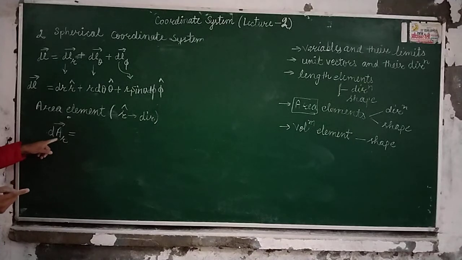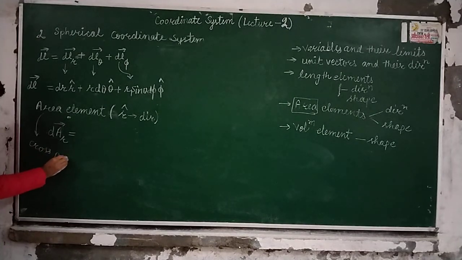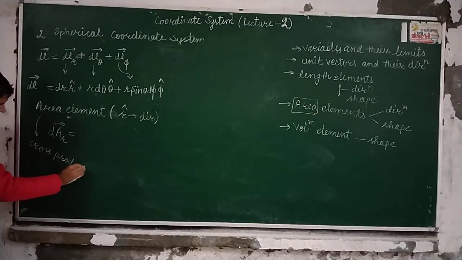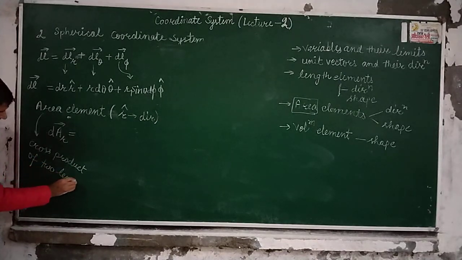Area, we know, is given by the cross product or vector product of two length elements.